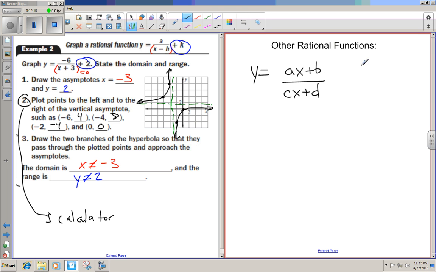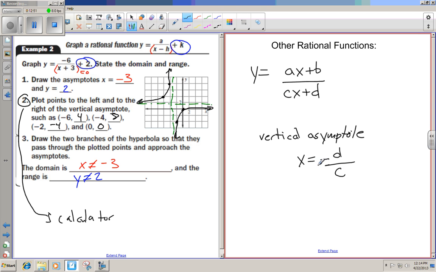The important part here is that you need to recognize that the vertical asymptote, and this is again something you should be adding on to the side of your notes, is x equals negative d over c. So whatever d and c are, it's negative d over c. That's when this bottom part is 0.